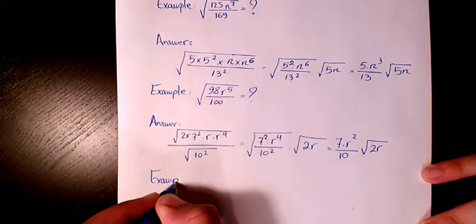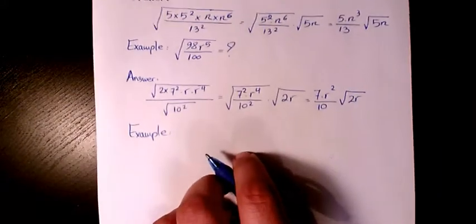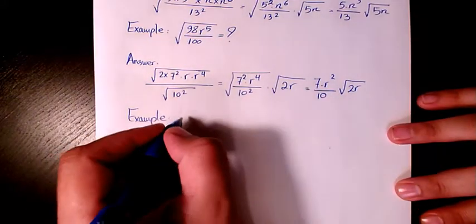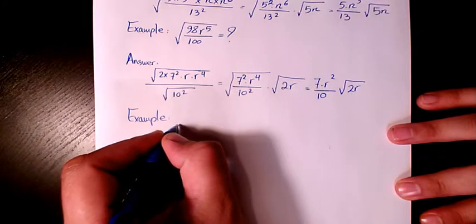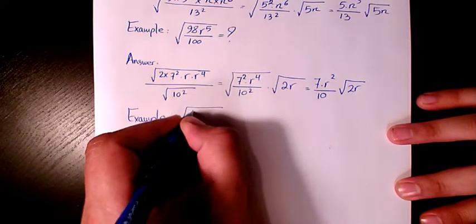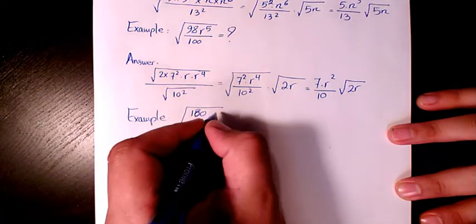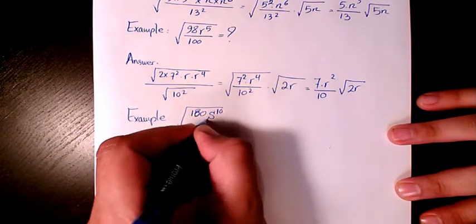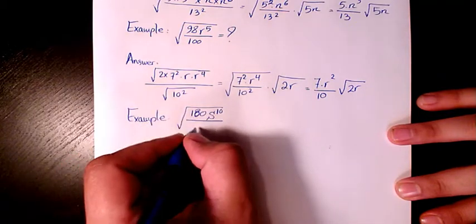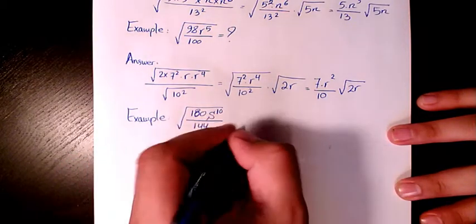Next example. Square root of 180s to the power of 10 divided by 144.